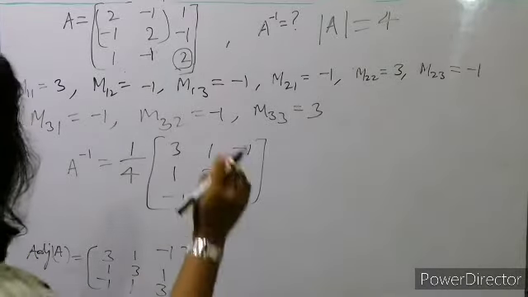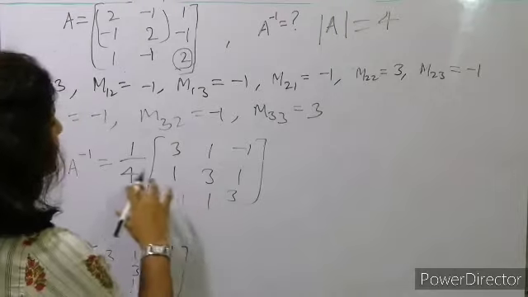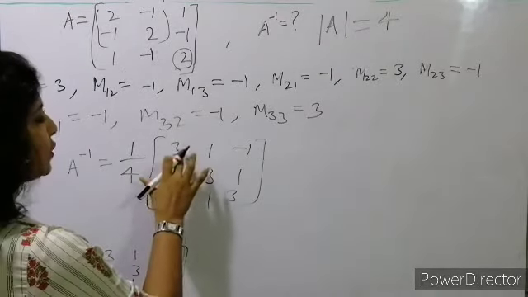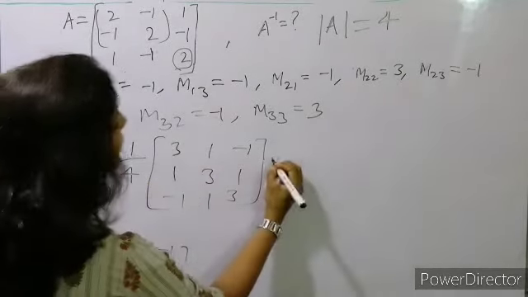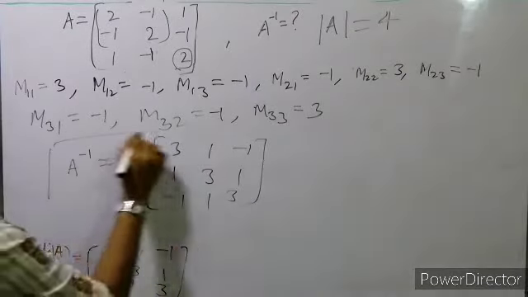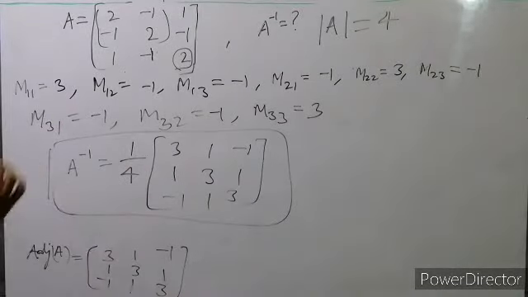Okay, so we can write like this also. We'll multiply by this. So 3 upon 4 directly we can write, but this is simplest. So this will be the value of A inverse.